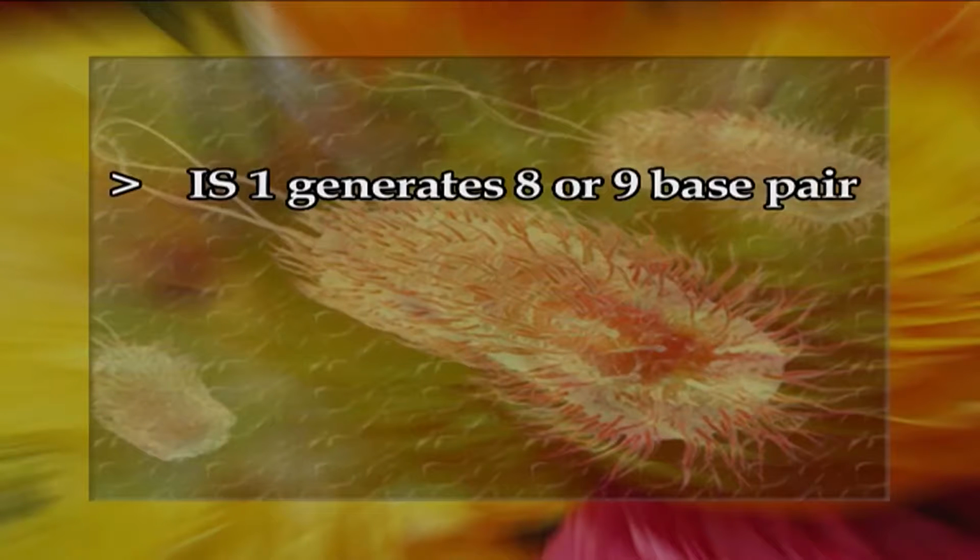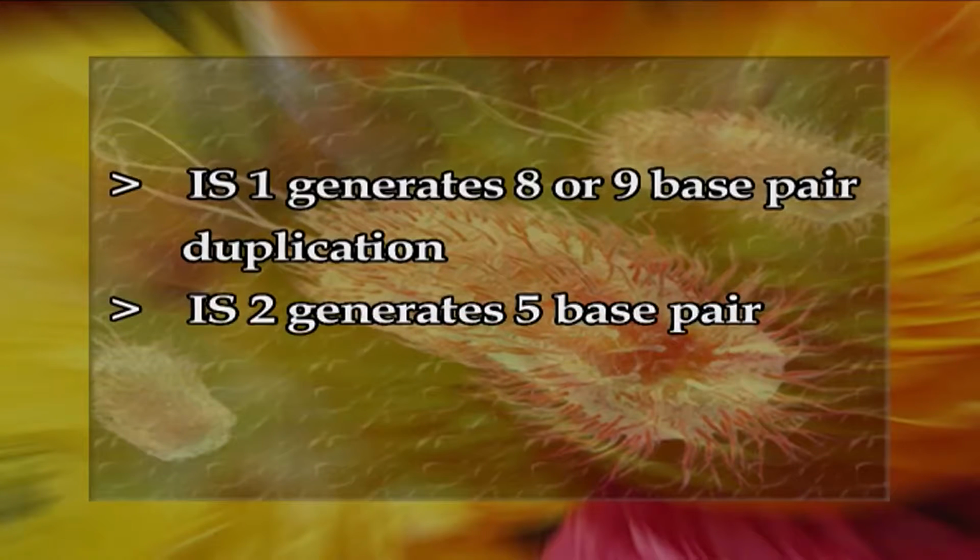IS1 generates 8 or 9 base pair duplication, while IS2 generates 5 base pair duplication. Different insertion sequences are known to cause deletion in neighboring genes and occasionally delete themselves at reasonable frequencies.